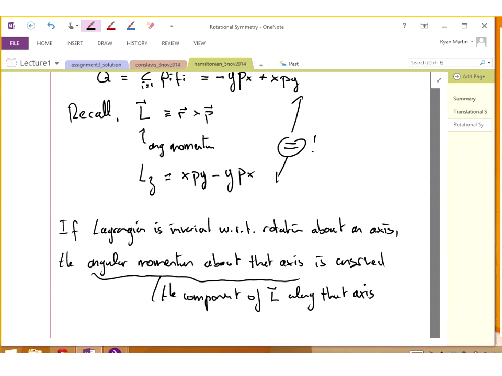And of course, for a planet orbiting the sun, angular momentum is conserved. So it's an incredibly deep statement that these symmetries, these purely mathematical properties, lead to conservation of physical quantities that we know of. But this is really the fundamental mathematics that underlies classical mechanics and then ultimately carries over to quantum mechanics.